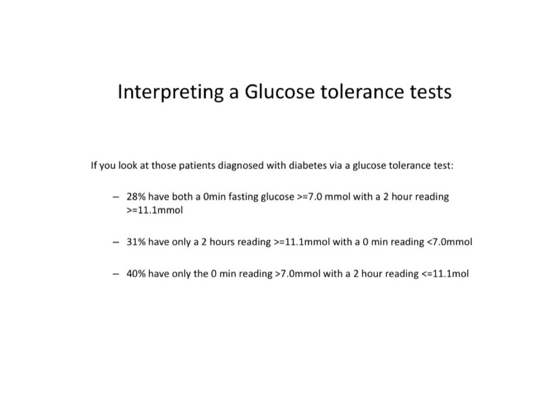In 31%, it's only the 2-hour reading that's diagnostic, at 11.1 and above, with a normal 0-minute. And in 40% of cases, it's the 0-minute that's greater than 7 millimoles, and a 2-hour reading is less than 11.1.